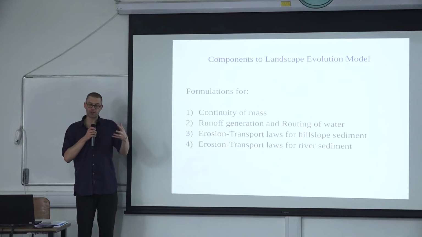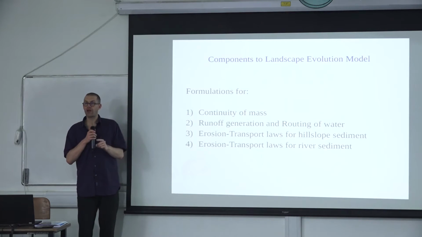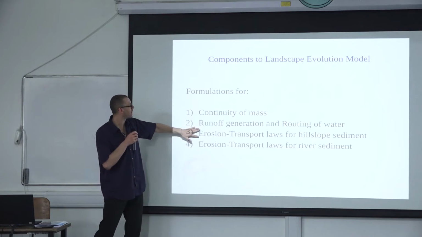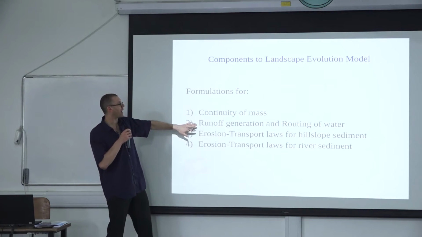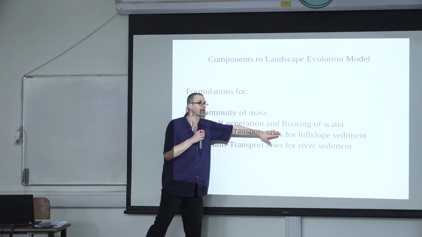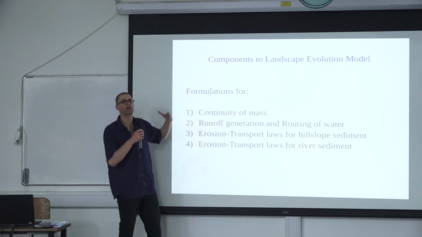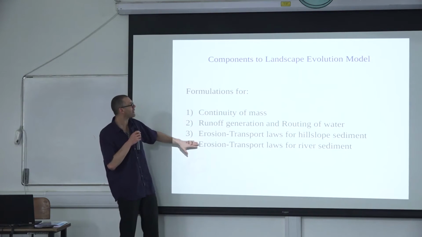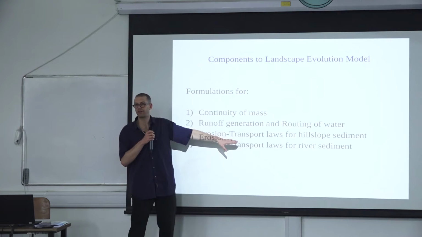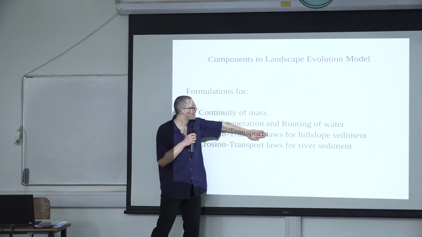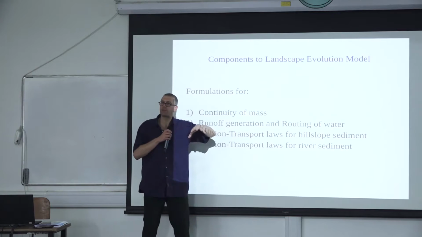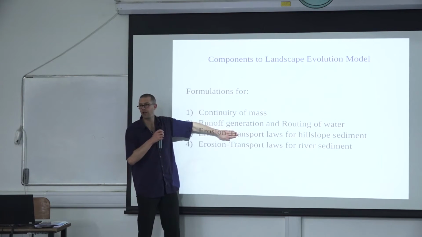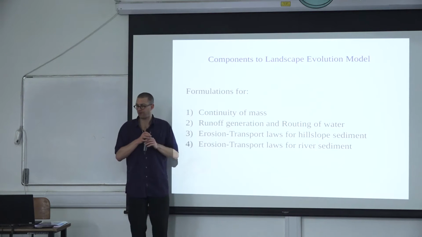So that's why I'm putting here the two domains of how you model landscapes. There is no single equation that can do everything. You have to do things in steps. The first part is that you model the hill slopes by having a transport law for hill slopes. That's mostly diffusional. I will explain this in a second. And then we have a second transport law for rivers. So this is essentially diffusion, and this is advection. Rivers advect material, and that is a different transport law than the diffusional hill slope transport law that we have.